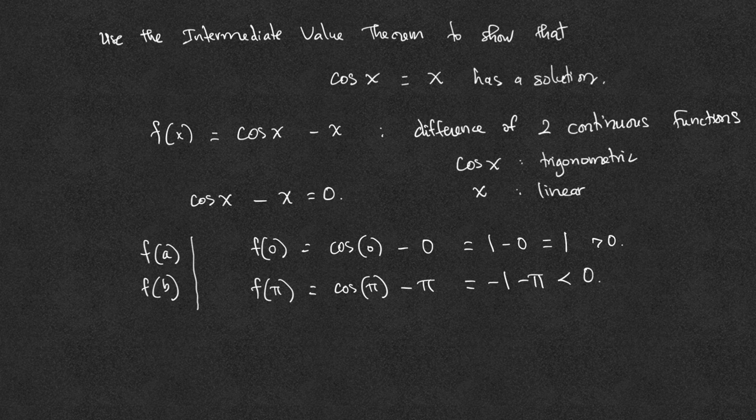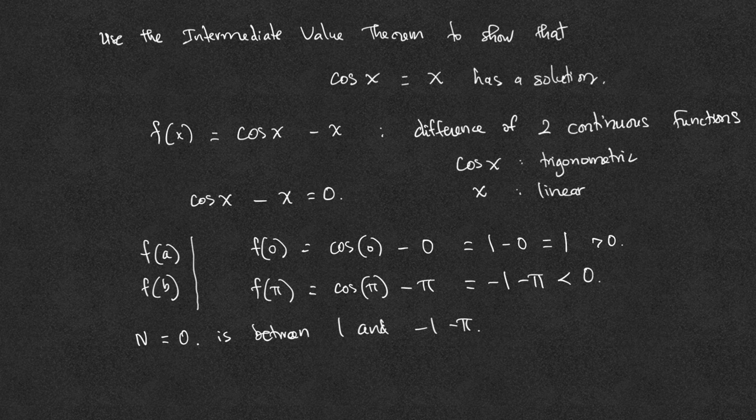We do not need to know the exact value of y. All we need is just one positive y and one negative y, so that we can apply the intermediate value theorem with n equals 0. N equals 0 is a number between 1 and negative 1 minus pi.